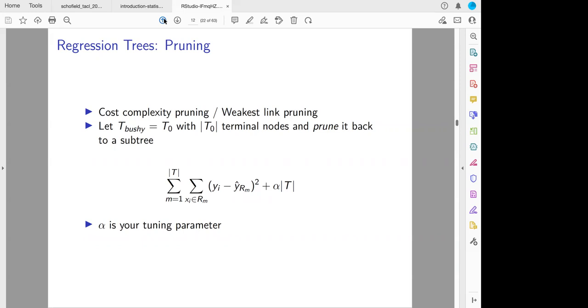And so alpha needs to balance that. Do you see where I'm going with this? The value of alpha seems like it should scale with the size of your data set. Like the cost for making a branch, I'm willing to pay a higher cost when there are more data points in each thing that I'm partitioning.